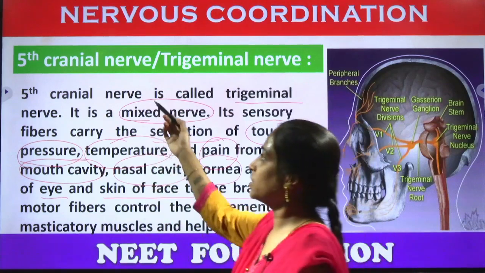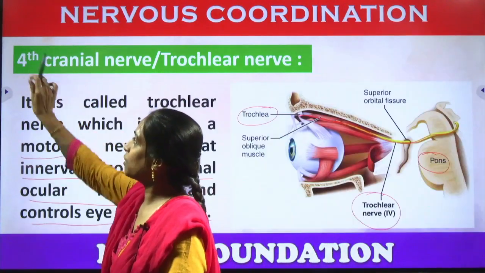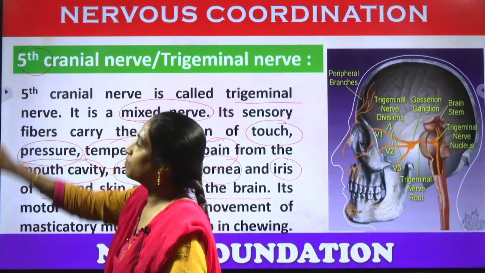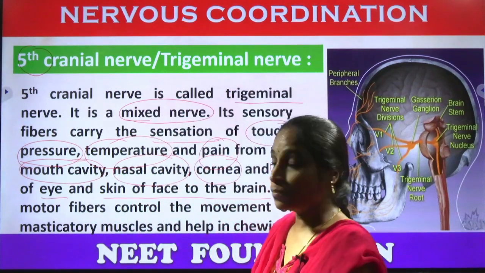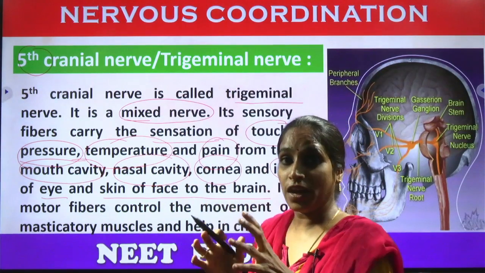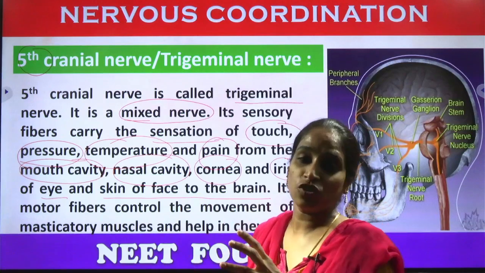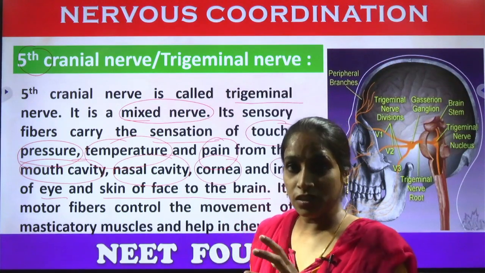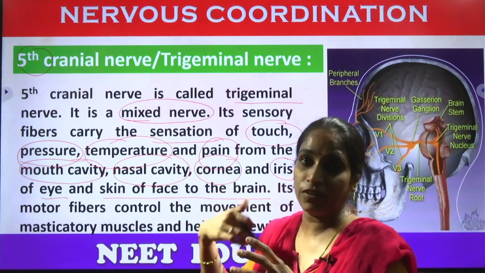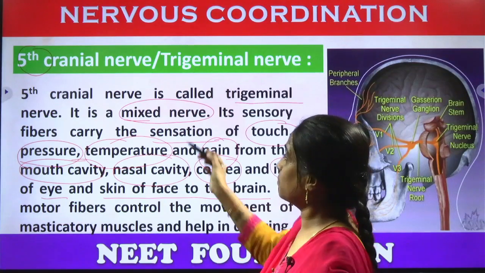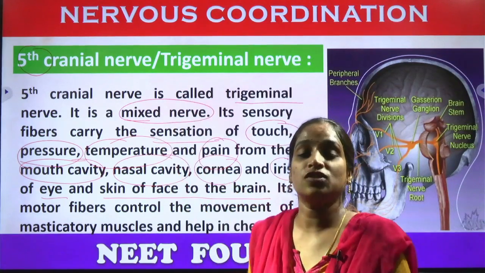What is the trigeminal nerve's number? It is the fifth pair of cranial nerves. This is a mixed nerve, controlling multiple actions of the sensory nerves and sense organs and giving the reaction. Is this a mixed nerve, motor nerve or sensory nerve?